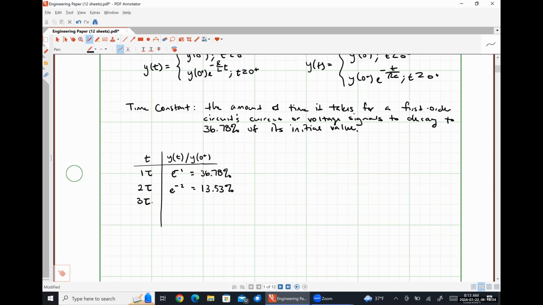In three time constants, that ratio will be e to the minus 3, which is 4.98%. In four time constants, that ratio is going to look like e to the minus 4, or 1.83%. And in five time constants, we're going to have e to the minus 5, which is 0.67%.